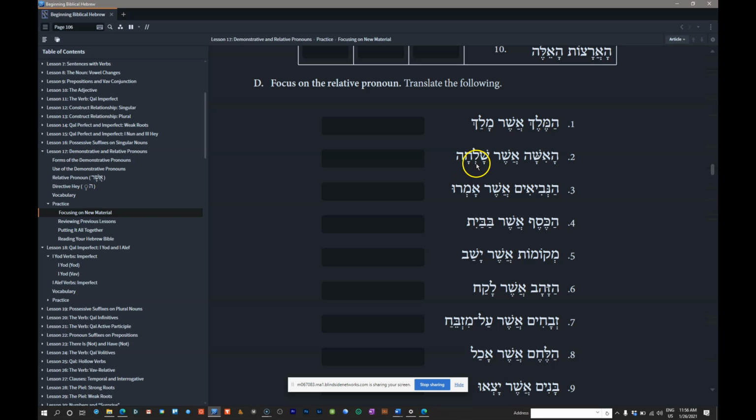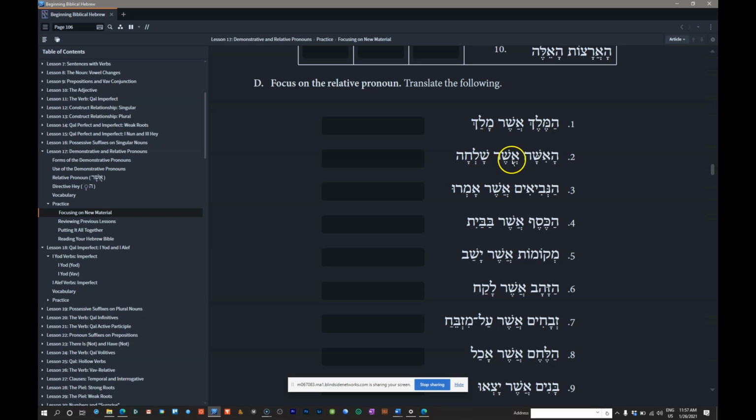But it's just so coincidental that this is feminine and singular and this is feminine and singular that it makes me want to say that this is the subject. But if this is the subject, the woman who sent, that's not a complete sentence, really. So it almost demands an object here.